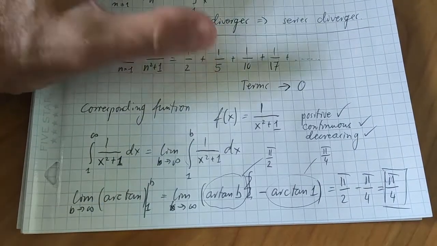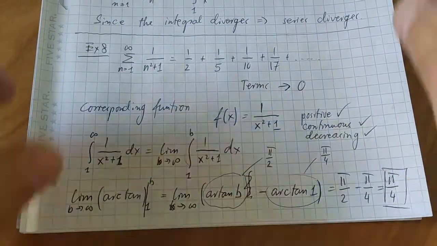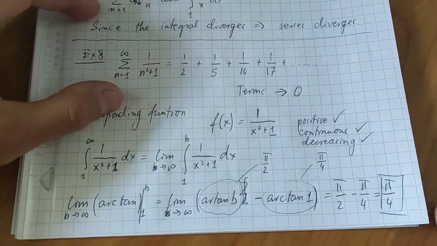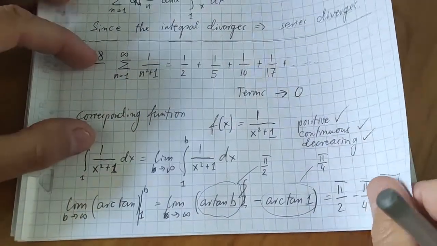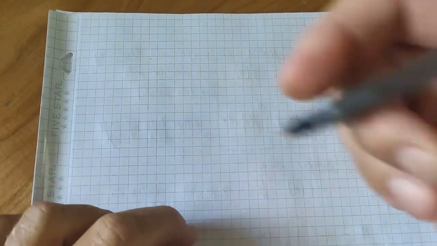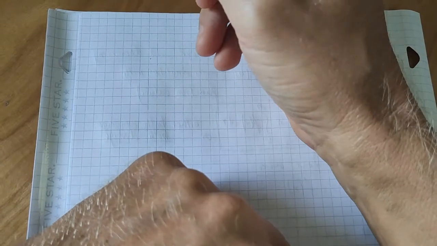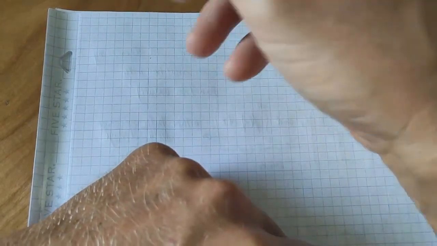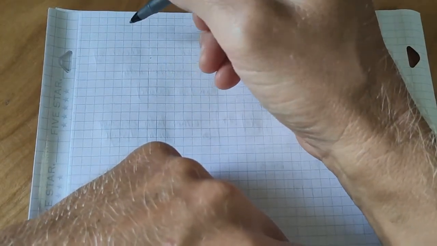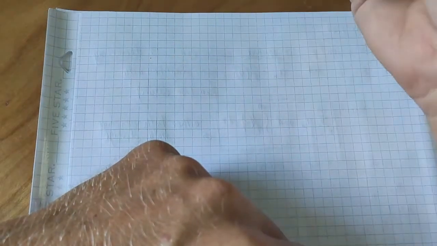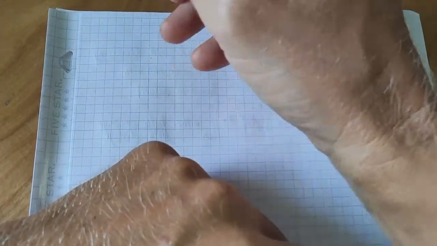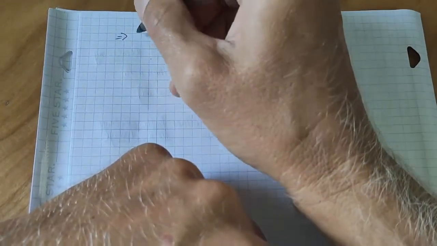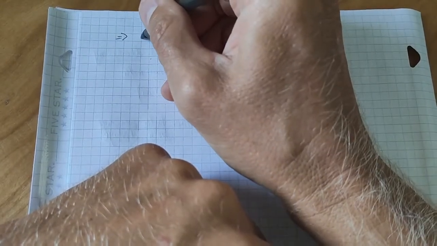So now what? Now we know that that improper integral converges. It has a limit, pi over 4. So the conclusion is the integral converges.